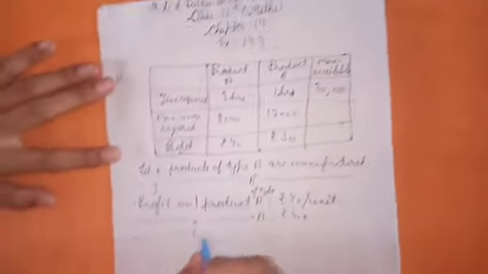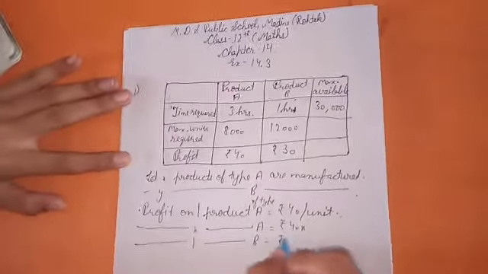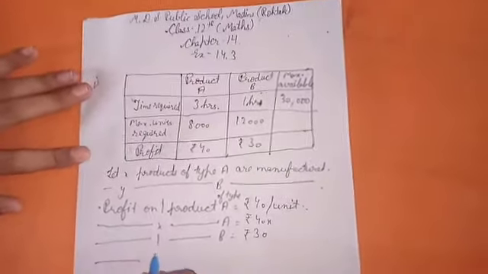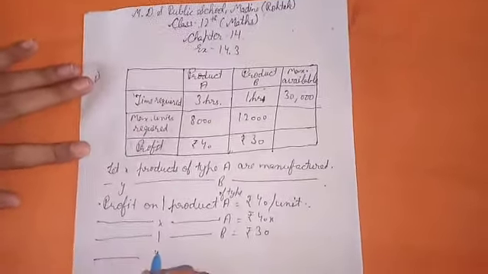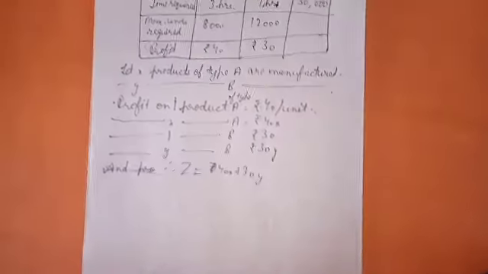Similarly, profit on one product of type B is rupees 30 and on y will be rupees 30y. Therefore, let us denote the total profit by Z, that will be 40x plus 30y. The rupees sign we can neglect; we take it generally.